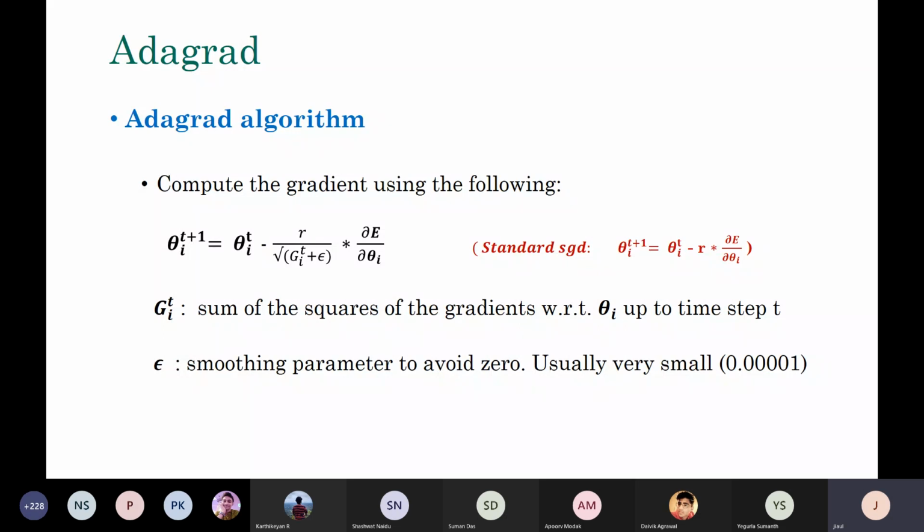The i denotes the ith parameter, and t means the iteration number. So G_t,i is the sum of the squares of the gradients with respect to theta i up to some time step t. You are constantly updating your values, computing the gradients for different thetas, and so on. So G_t essentially takes all the gradients from all the iterations so far, squares them, and sums them, and then you simply divide by this in this particular expression.